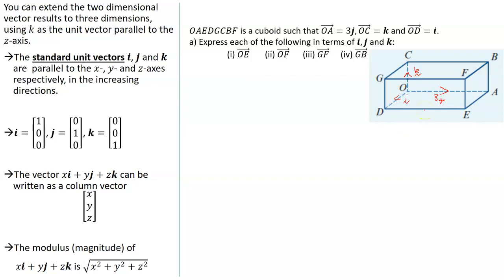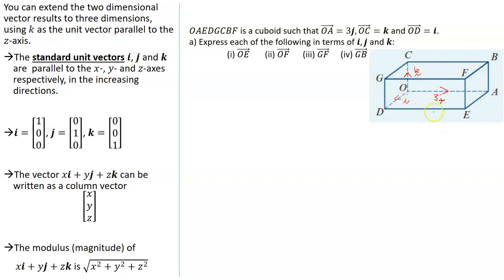Now, because this is a cuboid, I know that all of the angles are right angles. I know that OA is equal to CB, GF, DE. I know that OC is equal to AB, EF, and DG. And I know that OD is equal to CG, BF, AE.